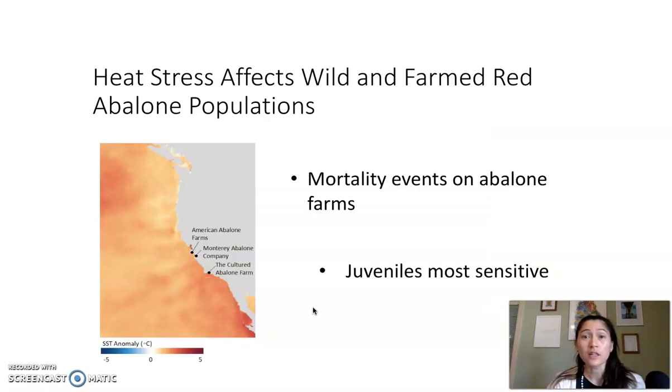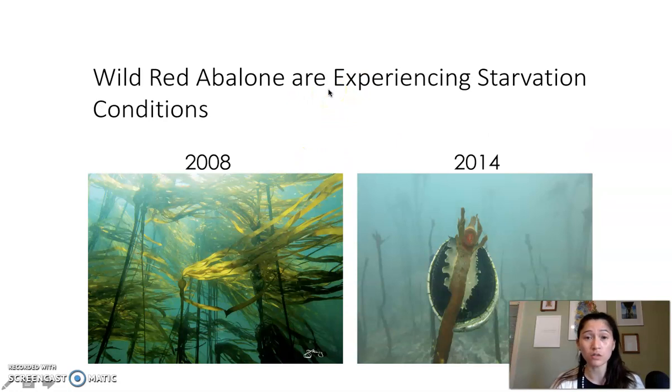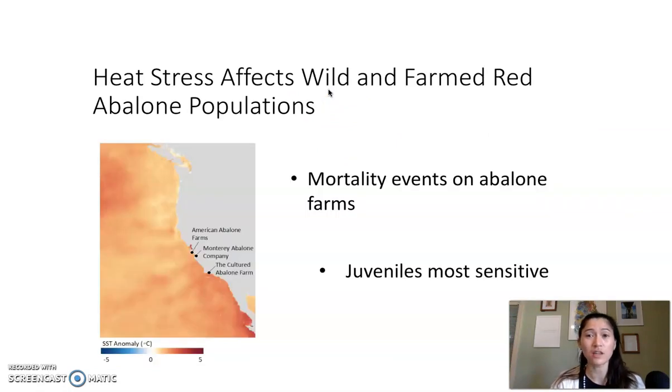Just like the intertidal snails that I've talked about previously, heat stress or high temperatures also affect red abalone. And in particular, it affects both wild red abalone that are found along the coast in the oceans, and also farmed red abalone populations that are shown in this map here.